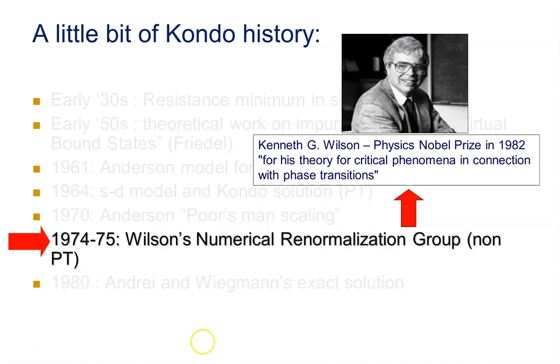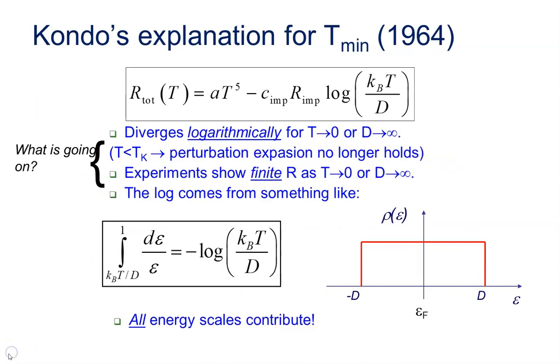So let's take a quick view of what Wilson's NRG is all about. What's going on here in terms of this contribution from the impurity to the resistance, and why does it diverge? Well, it diverges because of this log, right? It diverges logarithmically for T going to 0 or the bandwidth going to infinity.